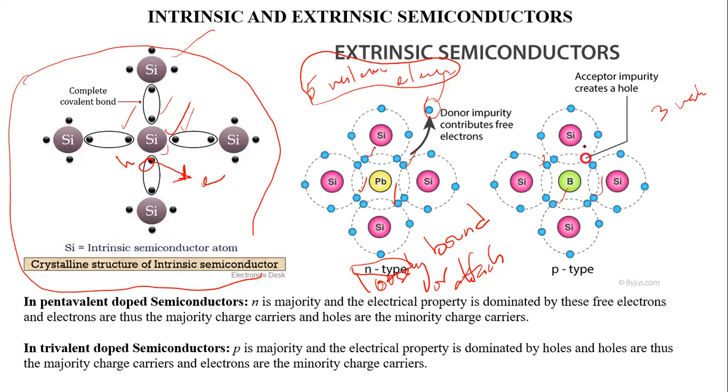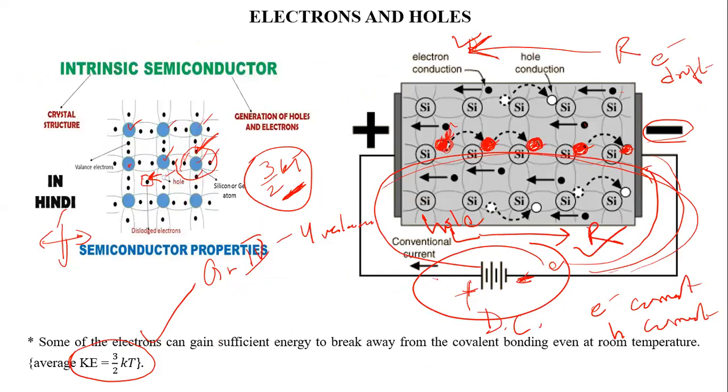So this vacancy or hole in the chemical bonding, as we discussed here, can also contribute to electrical current, which we call hole current. So the hole is the second charge carrier.